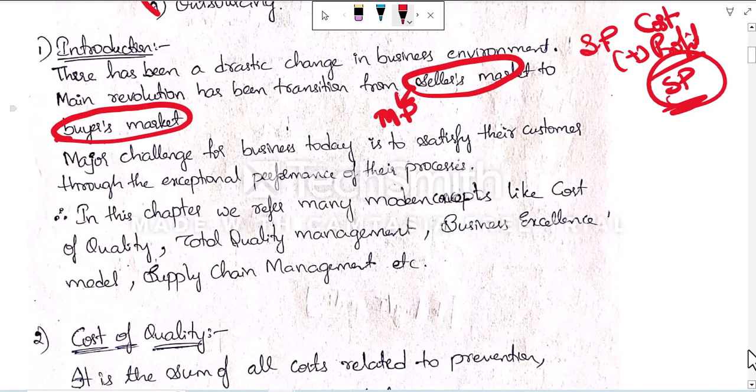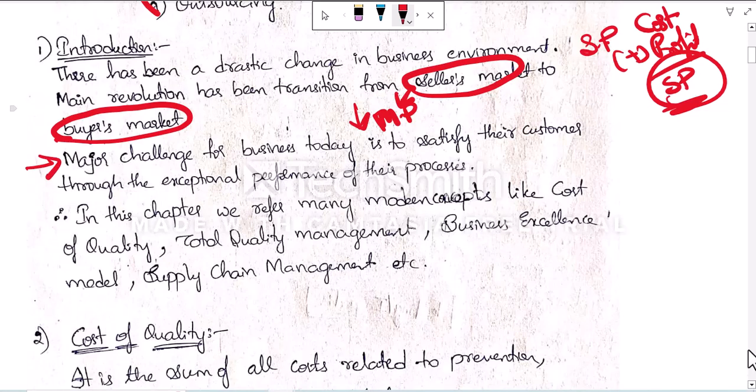This is due to a lot of changes over the past years, and sellers do not have any option. They either sell at the market price or sell lower than the market price, but it became the buyer's market, which means buyers can get the product at the price they want. And this is only in the modern business environment.